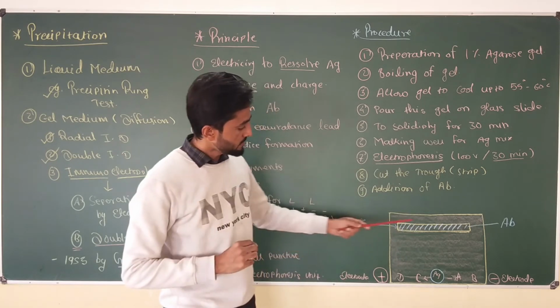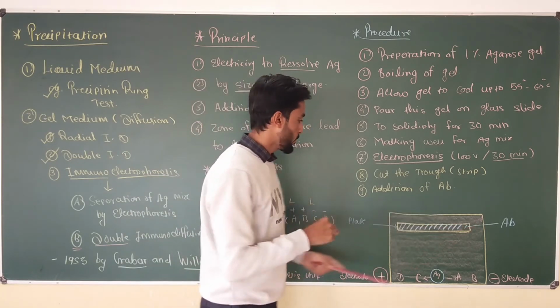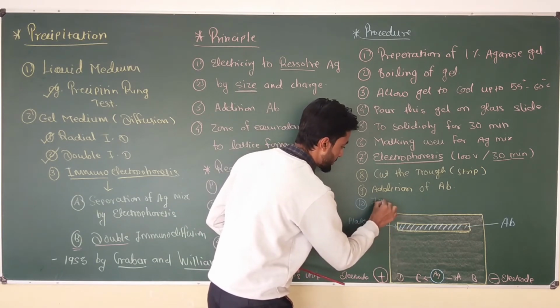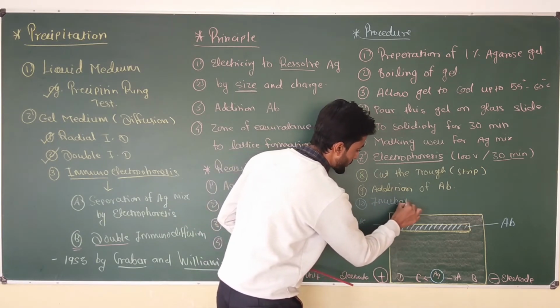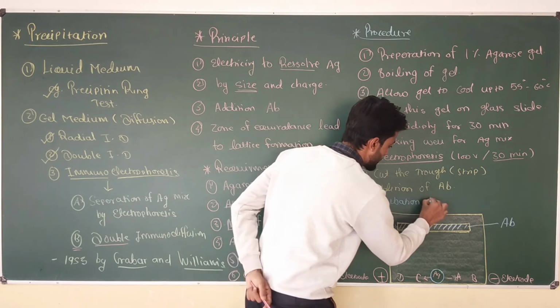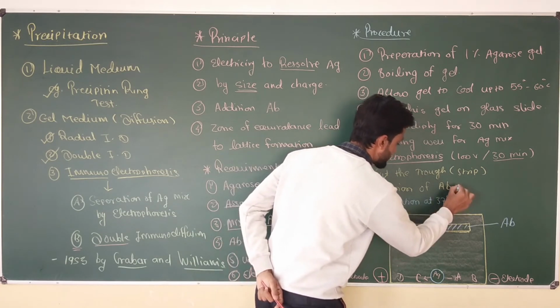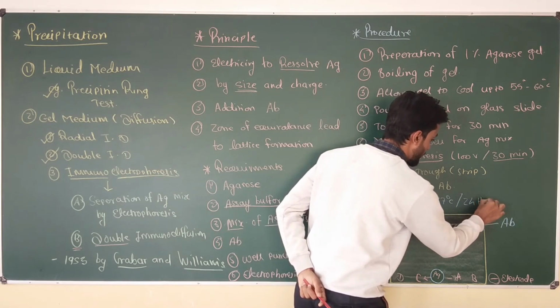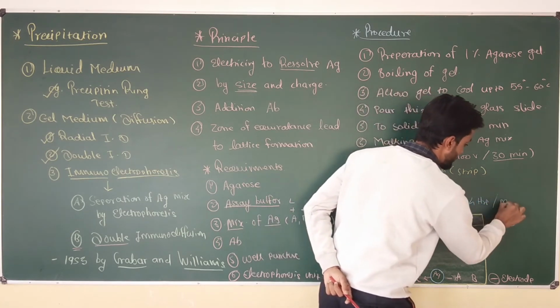Okay, and once antibody is added, then we're going to keep this glass plate for incubation at 37 degrees Celsius for 24 hours, 24 to 48 hours in a moist chamber.